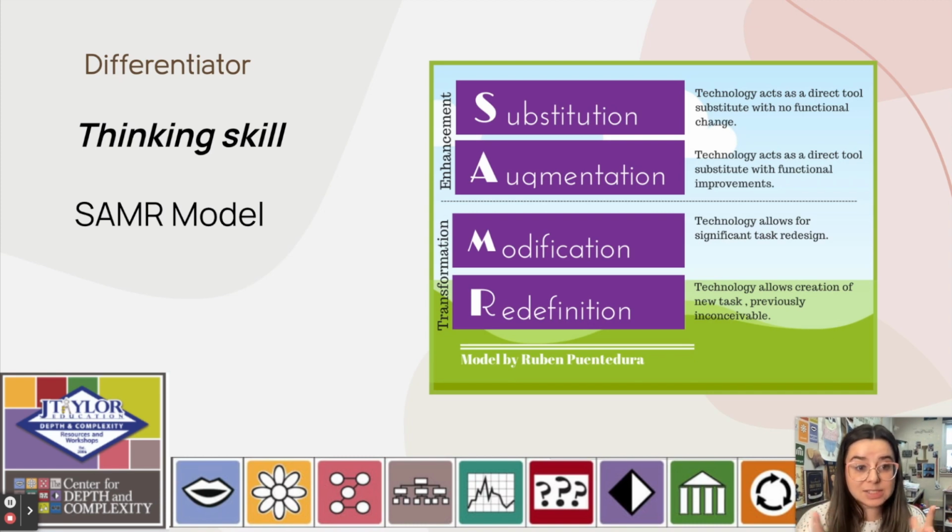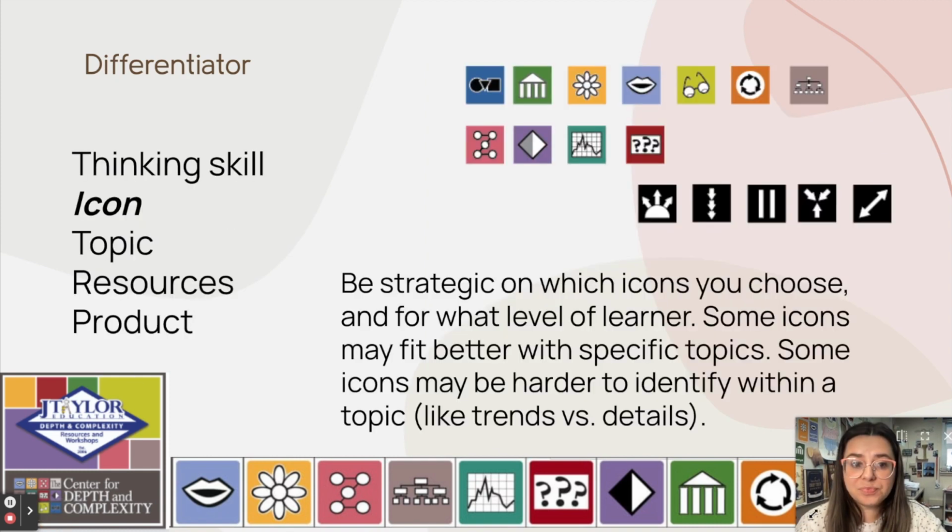So you're enhancing it. Modification, technology allows for significant task redesign. Redefinition is technology allows creation of a new task previously inconceivable. So all of this can work within the SAMR model when you're making these task statements.